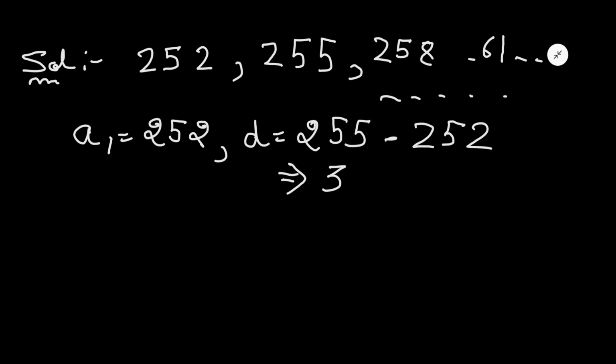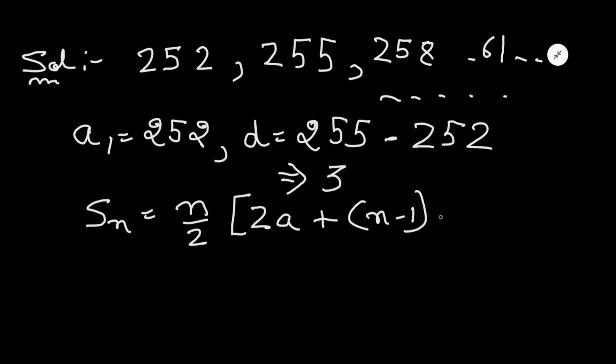So in order to find the sum of the arithmetic progression, the formula is n by 2 into 2a plus (n minus 1)d. So here we already know the first term and the common difference, but we don't know the number of terms, which is n.